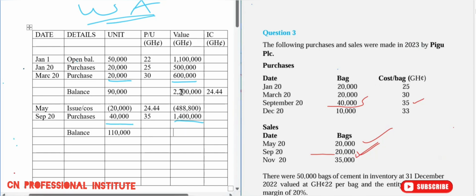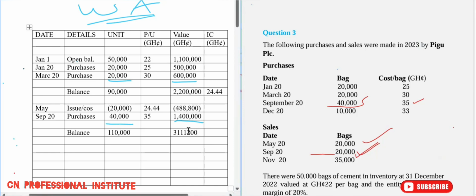Then here 2,200,000 minus 488,800, and then plus this 1,400,000. So this minus this plus this, what do we have? We have 311,200.